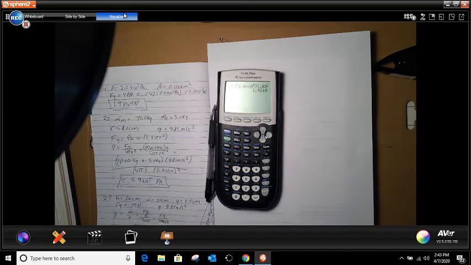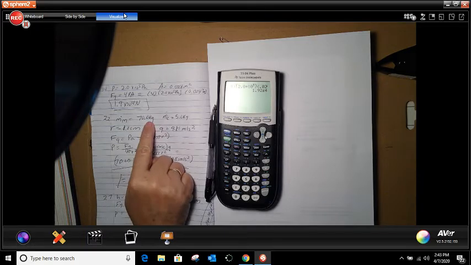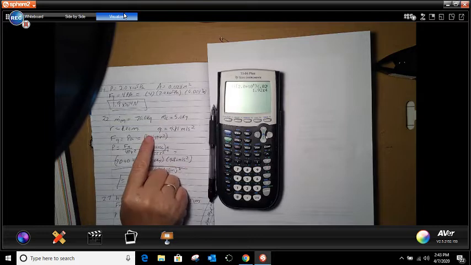Number 22 is telling us a 70 kilogram man sits in a chair with a mass of 5.0 kilograms, with weight evenly distributed on the legs of the chair. Assume the chair makes contact with the floor over a circular area with a radius of 1.0.